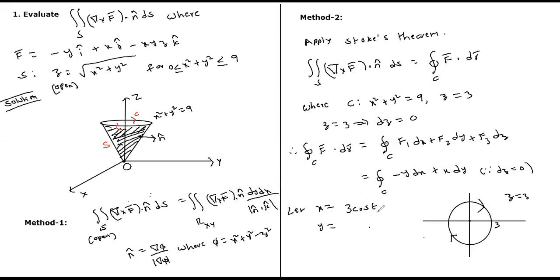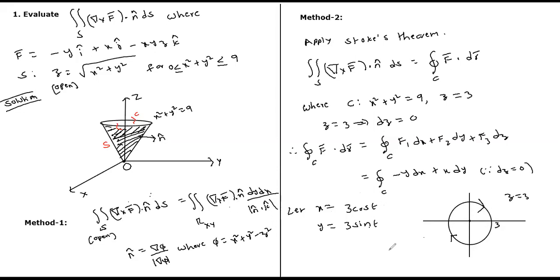Use R and theta for polar coordinates. No, you are integrating over the boundary, not over the disk. You are integrating over the circle only. If you are integrating over the region, use polar coordinates R and theta: R cos theta, R varies from 0 to 3, theta varies from 0 to 2 pi. But here that is not the case. So x equal to 3 cos t and y equal to 3 sin t.